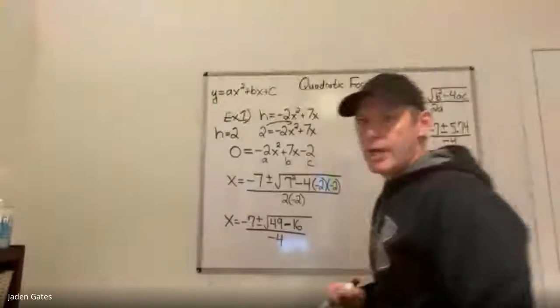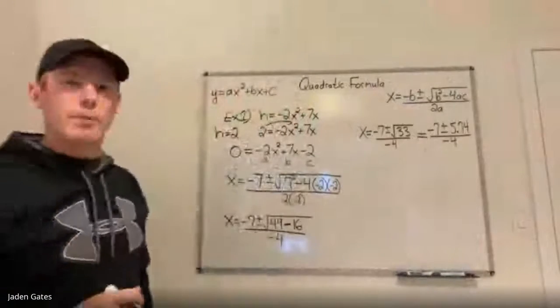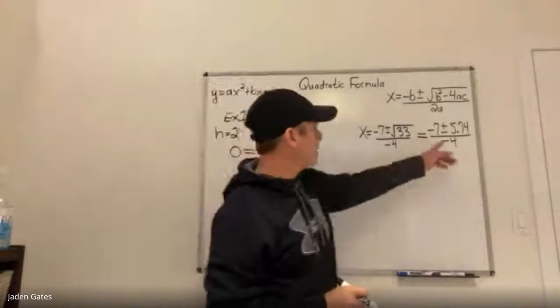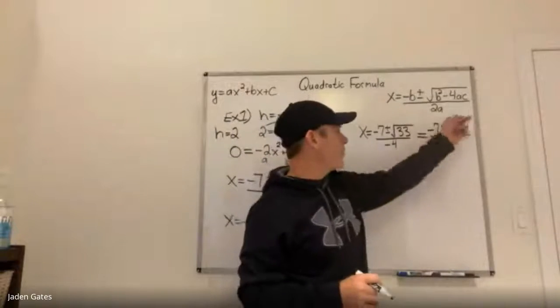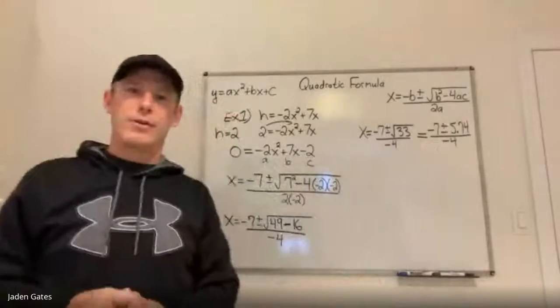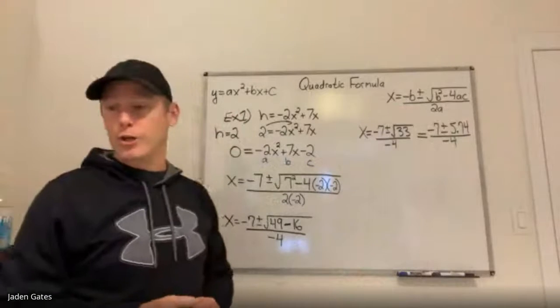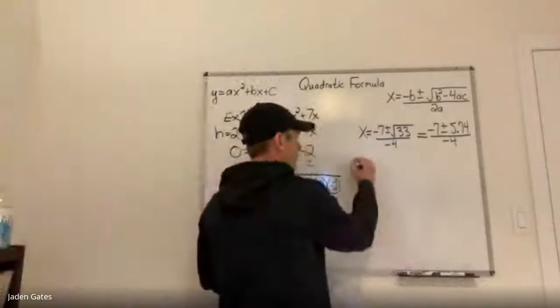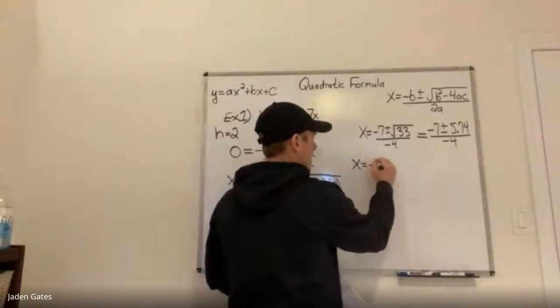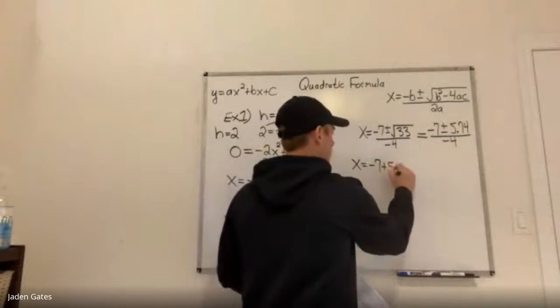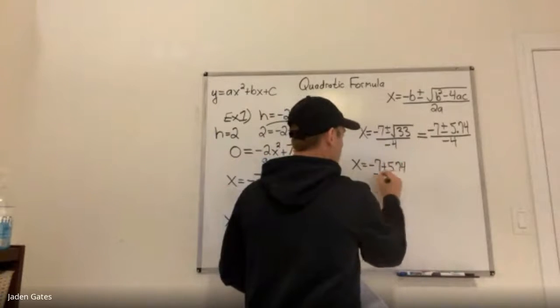All right, now here's the second place where students typically mess up. What I have to do is figure out the top first before I divide by that -4. Dividing by the -4 is the last thing I'm going to do. So I'm going to write it out separately here. I'm going to have x equals -7 plus 5.74, then divided by -4.